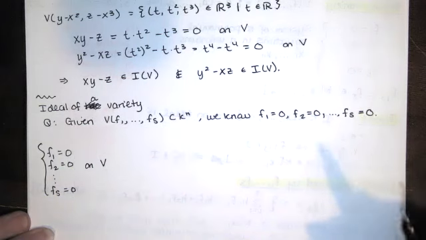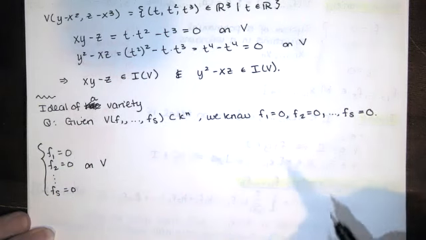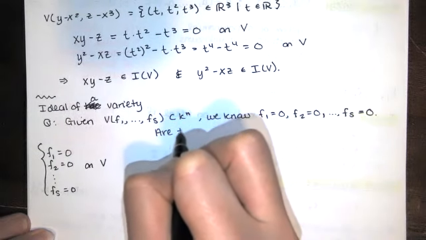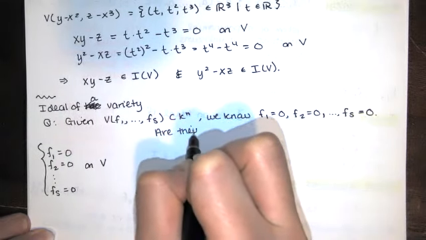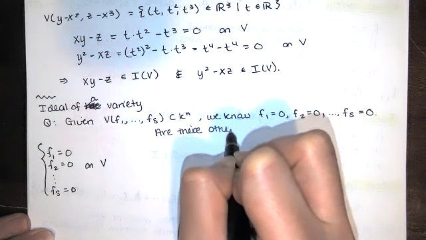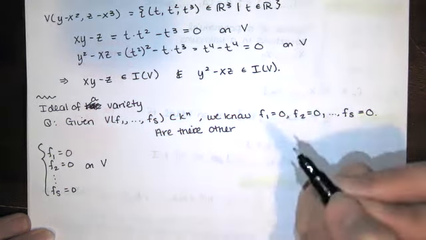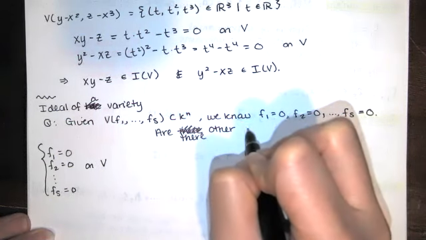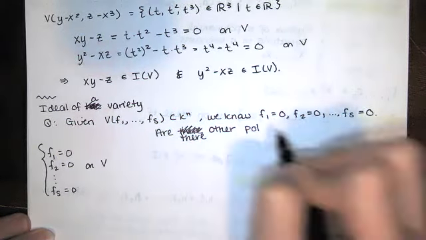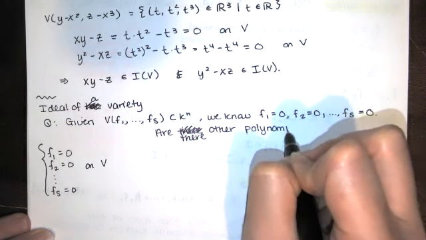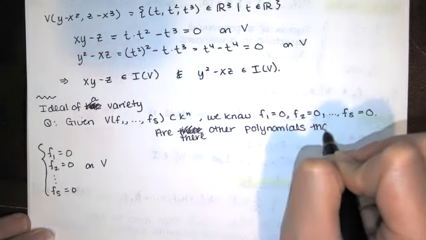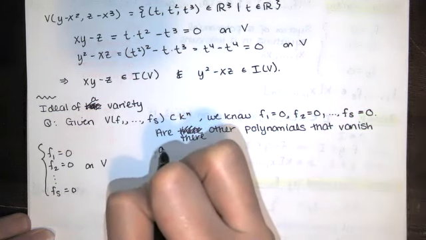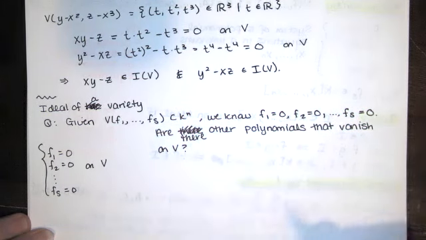Now, that's not the question. The question is, are there other polynomials that vanish on V? And if so, can we find them all?